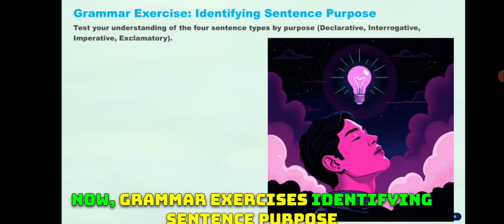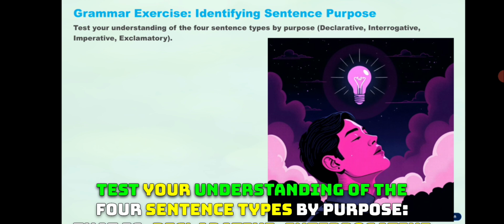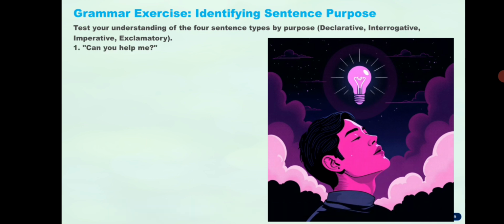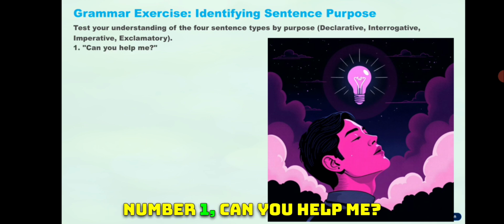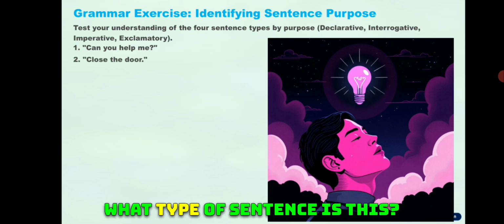Grammar exercise: identifying sentence purpose. Test your understanding of the 4 sentence types by purpose, that is declarative, interrogative, imperative, and exclamatory. Number 1, can you help me? What type of sentence is this?